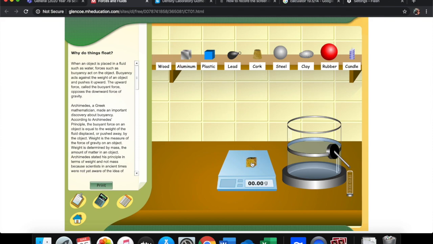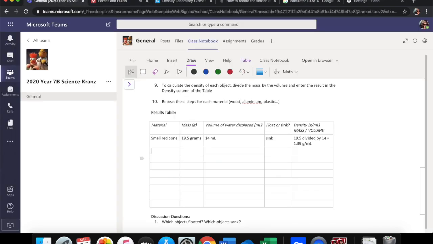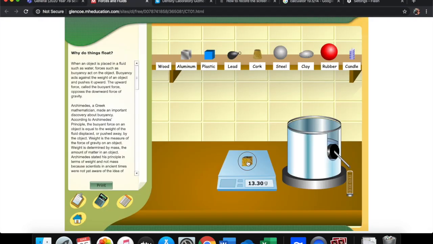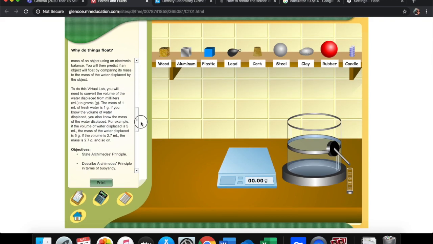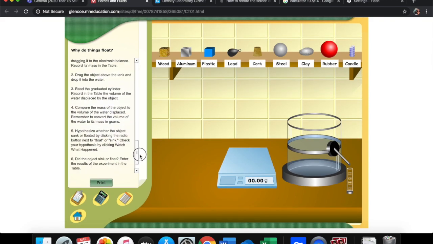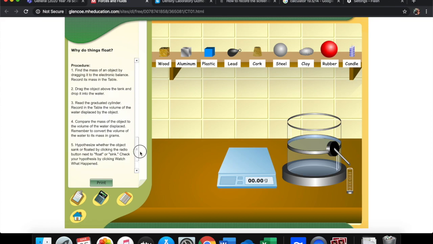Okay, wood. 13.3 grams. And now I'm going to put it in this one. What am I going to do? Drag it above the tank and drop it in the water. Why can't I drop it in the water?